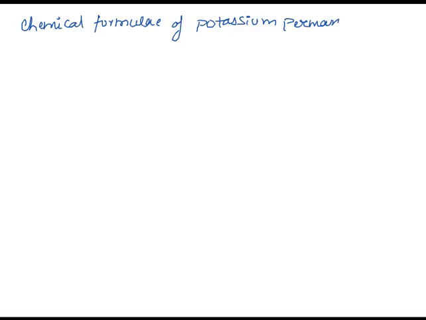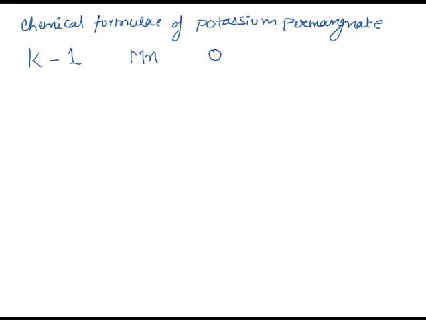Potassium permanganate. What was your question? Chemical formula of potassium permanganate. Now we all know that the symbol of potassium is K, its valency is 1. Manganese is Mn, and there is oxygen also, students.